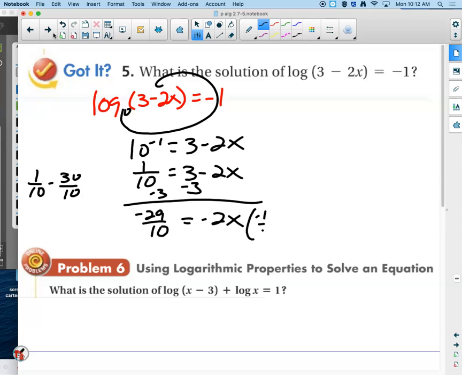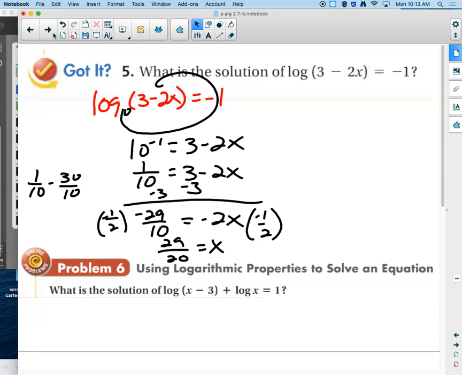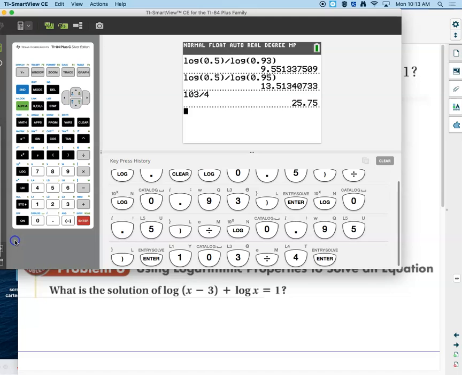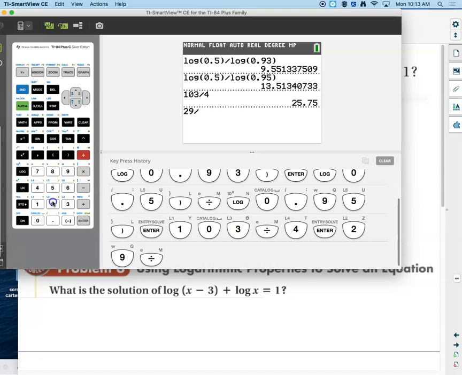So multiply both sides by negative 1/2. Top times top, bottom times bottom, 29/20. Again, if all the answers are decimals in the back, they do that a lot with logarithms. We just punch it in. 1.45.